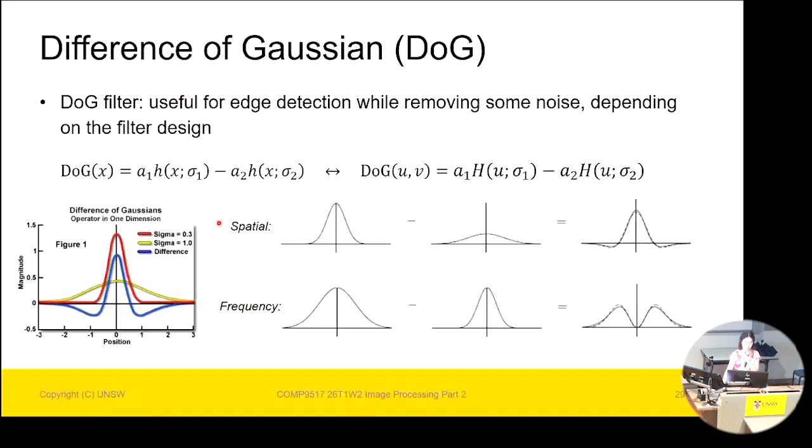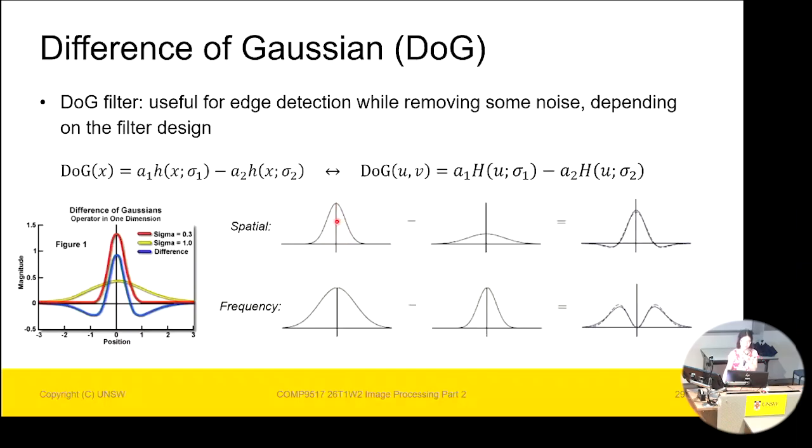Difference of Gaussian is just subtracting one Gaussian function from another. Typically, we subtract the one with a bit higher sigma, that means a more spread out Gaussian function, from the smaller sigma. So this one is keeping more information.